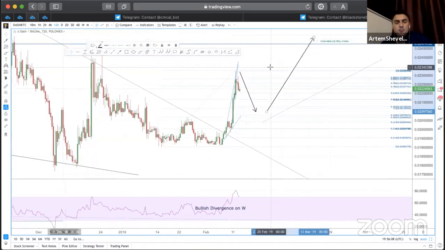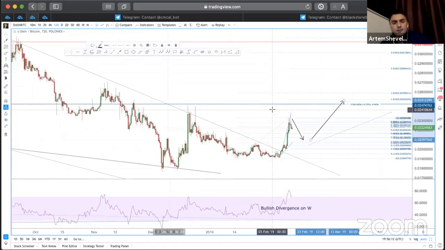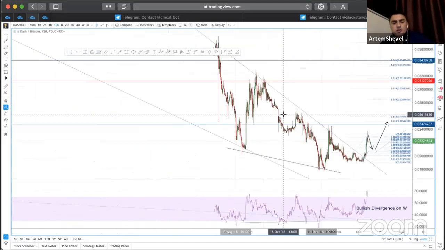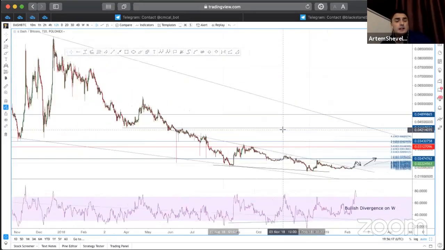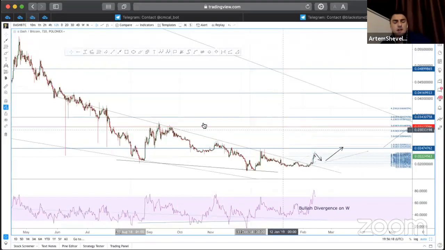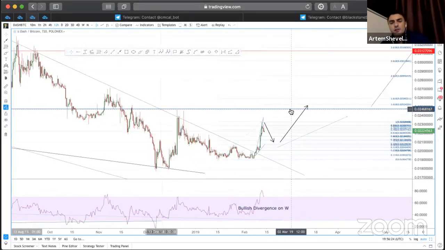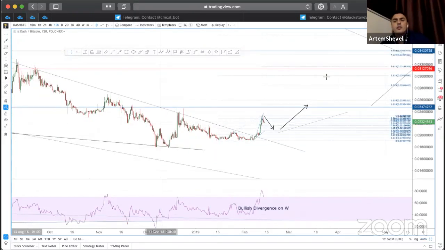It's just insane because Dash is really good. I don't know if it's a good project or not, but the chart is really, really good. So this is why I'm calling for Dash as well. And a breakout from 25 will be a strong signal to buy more, because this level is strong, and if the price breaks this level, it will reach a few X in the next months.